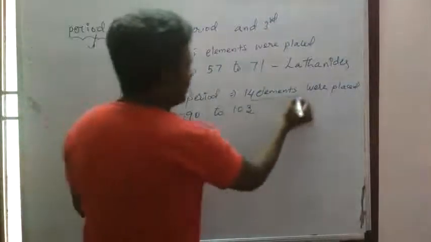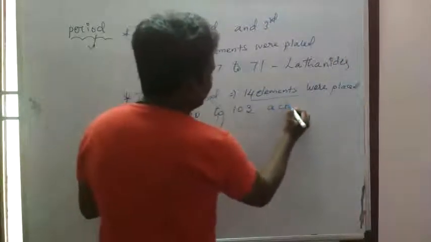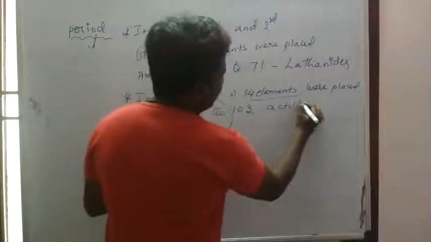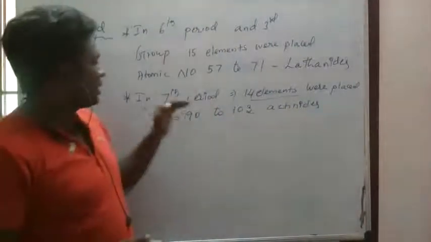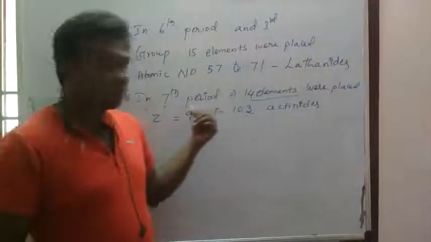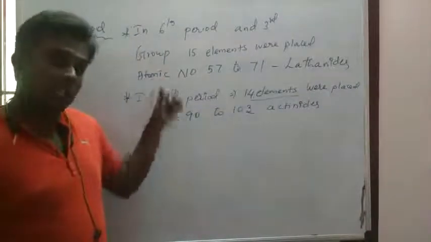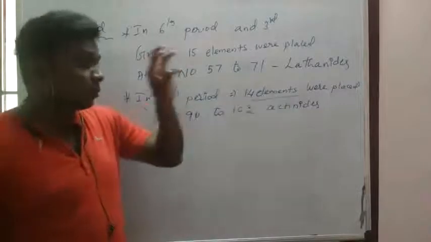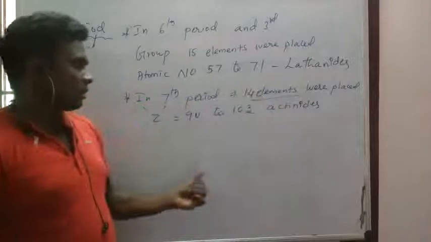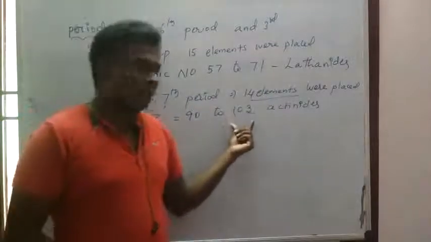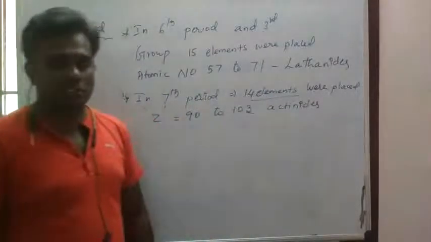These 14 elements are called actinides. They are placed in the seventh period and third group, 14 in a single position.